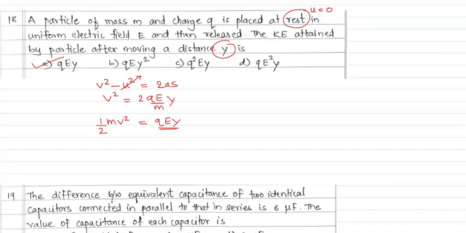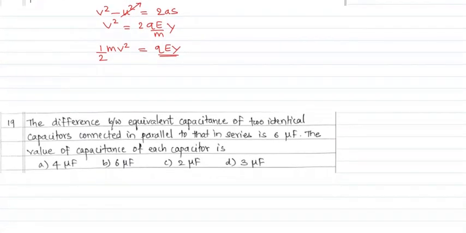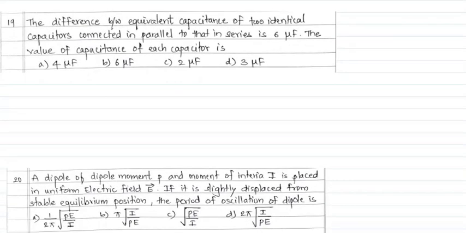19th. The difference between equivalent capacitance of two identical capacitors when connected in parallel to that in series is 6 microfarad. So what he has given, Cp minus Cs is equal to 6.